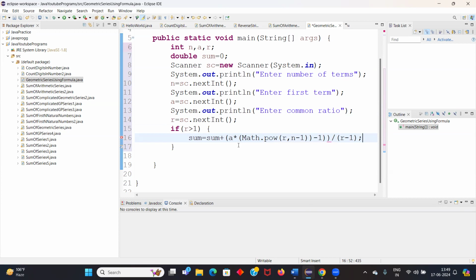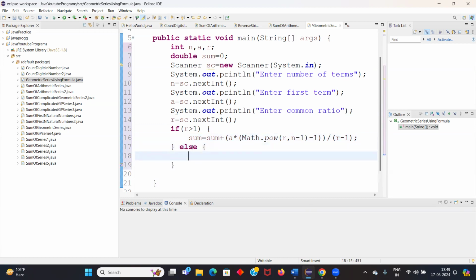Just some bracket mistake. This is not required. Now it's correct. And this is when my R is greater than 1.